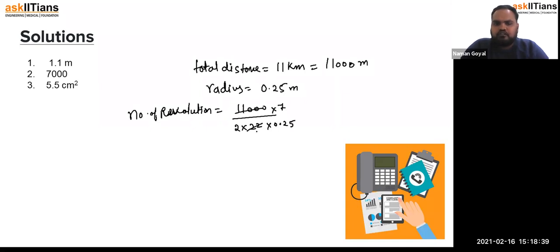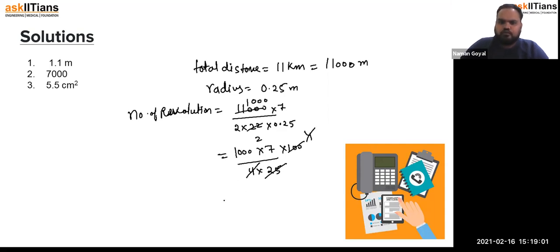So it will be cancelled out by 11 times 2 times 1,000. Now it gives 1,000 into 7 upon 4 into 25 by 100, and 100 comes up. Now 4 will be cancelled out by 4. So you will get 7,000 revolutions.